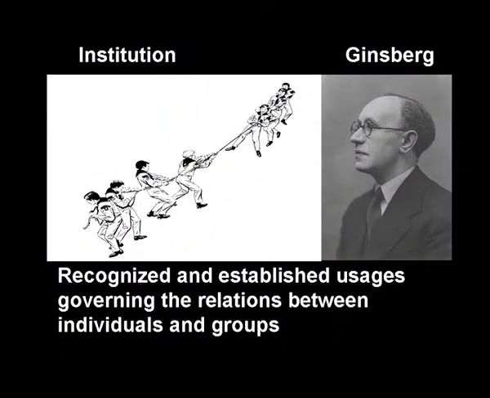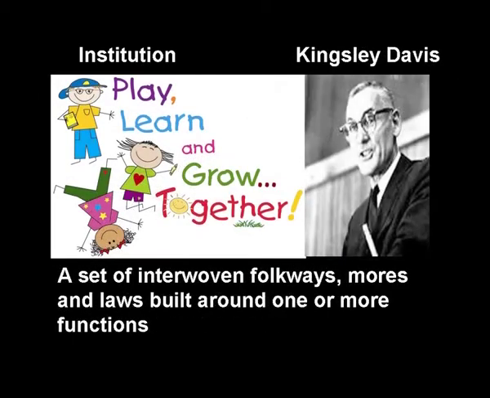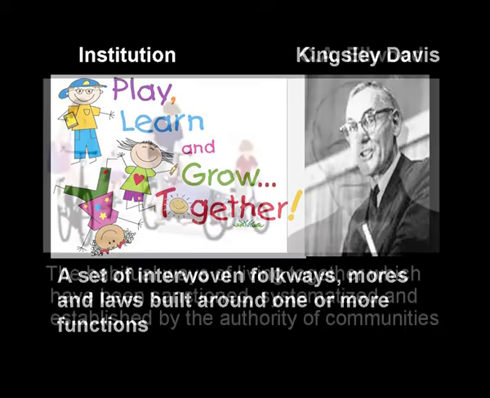According to Ginsberg, institutions may be described as recognized and established usages governing the relations between individuals and groups. Kingsley Davis defines institution as a set of interwoven folkways, mores and laws built around one or more functions.